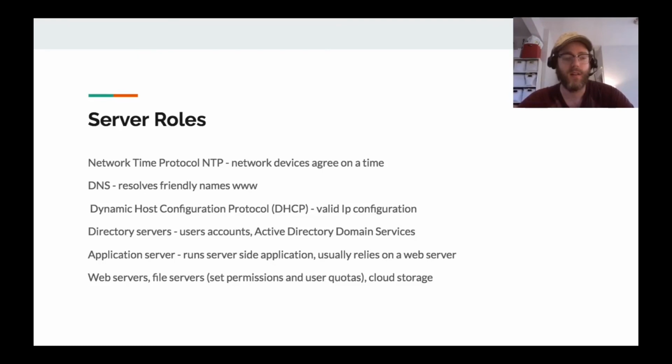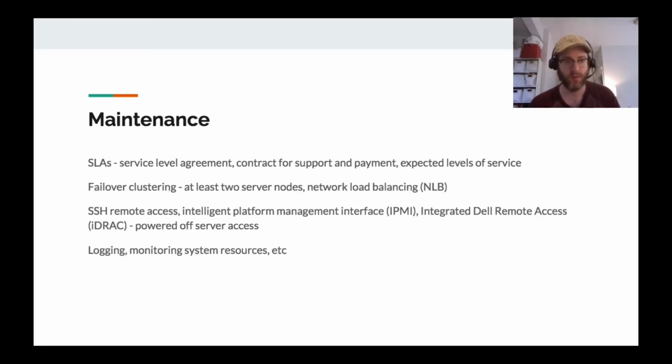You could have a network time server that syncs the time for your organization. You could have a DNS server and a DHCP server, which is pretty standard, to assign IP addresses to everything. And then AD servers, Active Directory, for user accounts and computers and a way to manage them. So you can set up different servers to do those different roles in your organization.